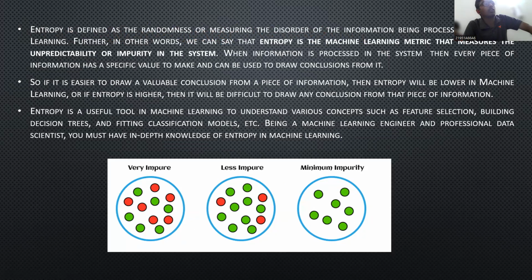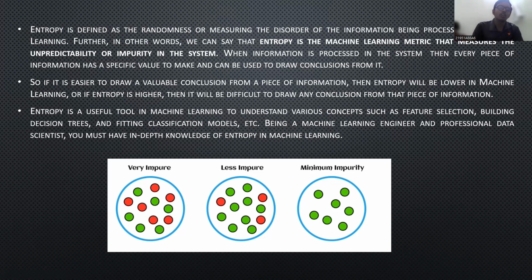When information is processed in the system, every piece of information has a specific value and can be used to draw conclusions from it.